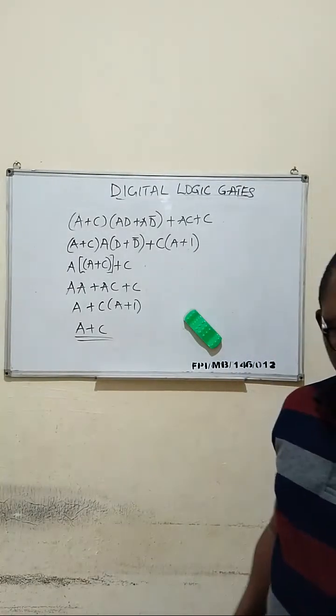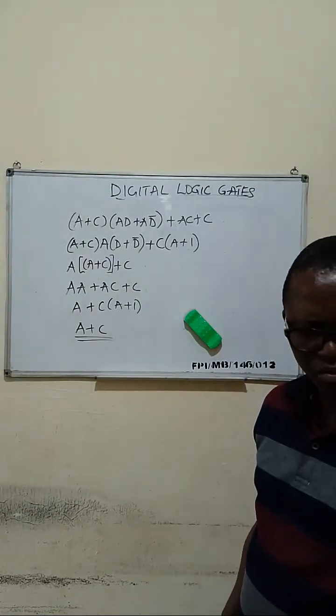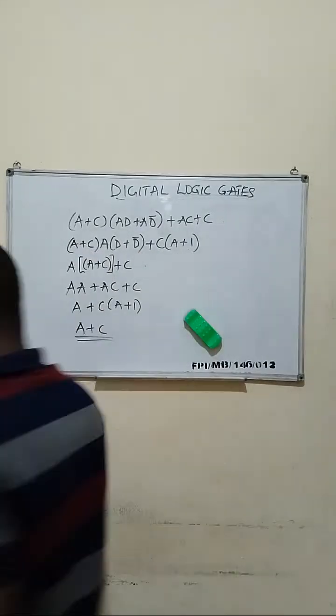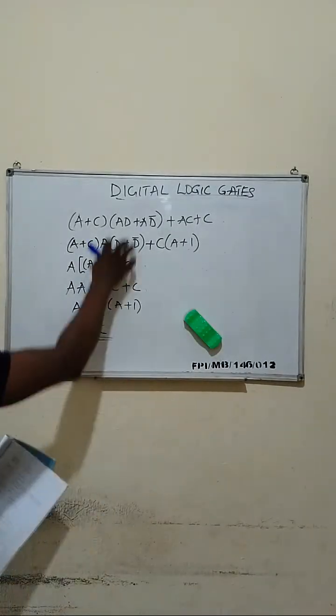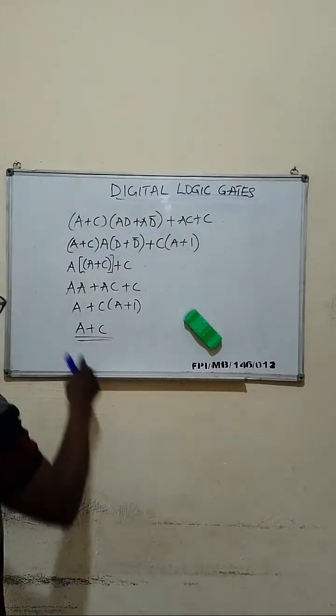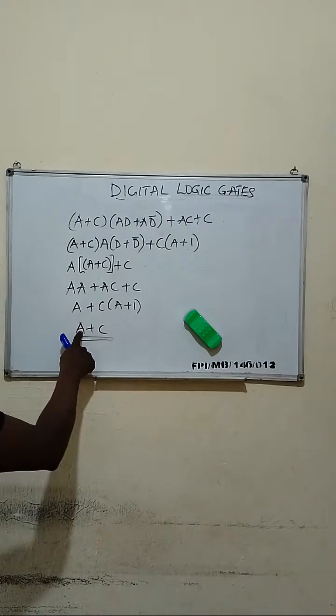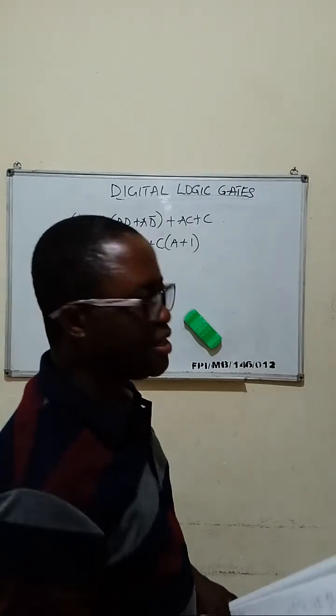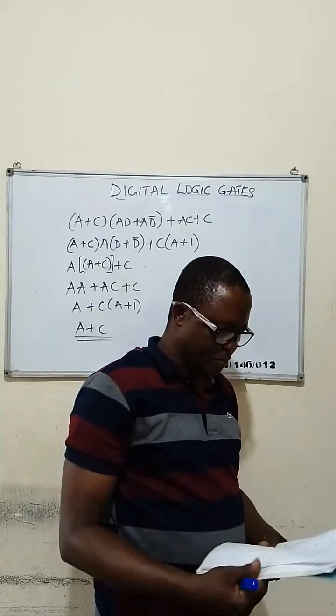So what we have there is a very simple expression to represent all these. Just one 2-input OR gate, and the inputs that we are going to take into that will be A and C. So that is it.